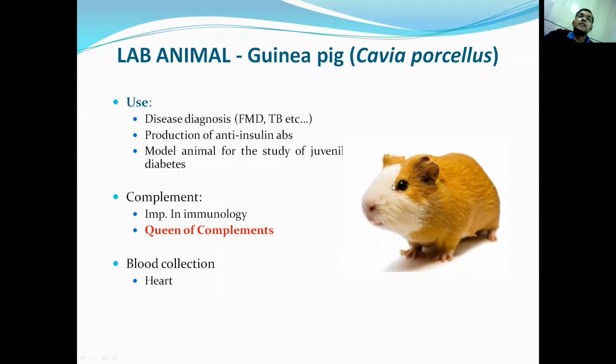So this animal is considered a source of complement, and it is often referred to as the queen of complement. That's why in exams they may ask which laboratory animal is ideal for collection of blood for harvesting complement, and the answer must be guinea pig. Again, blood collection is similar to hamster: you can collect blood by direct heart puncture.